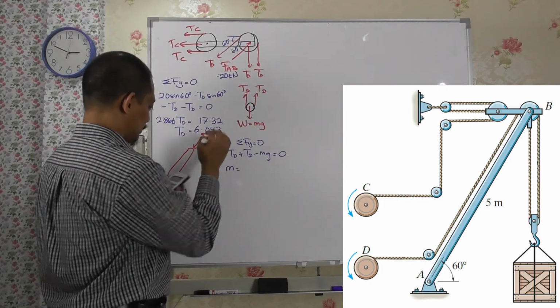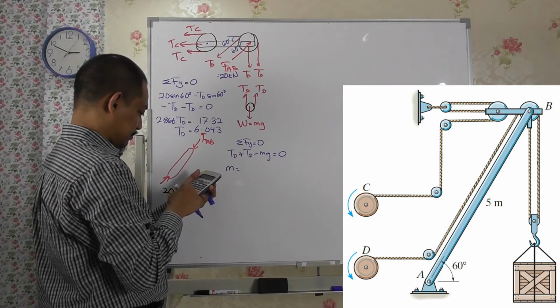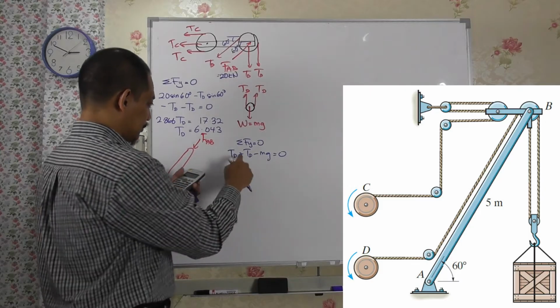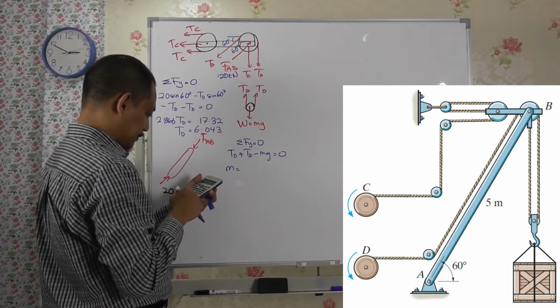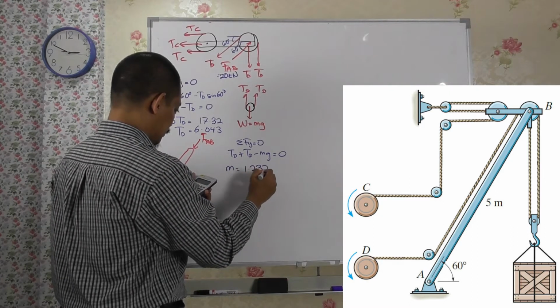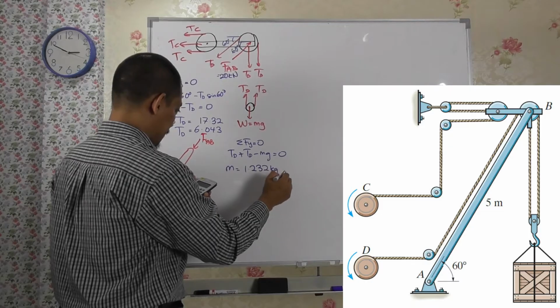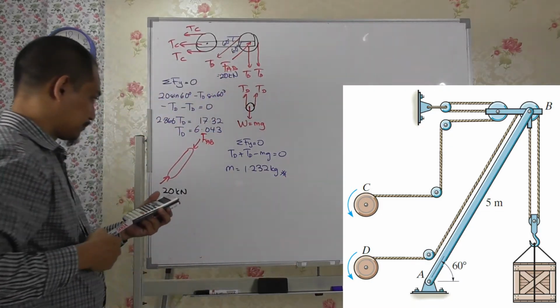So 6.043 multiplied by 2, and then divide by 9.81, you'll get 1.232 kilogram, right?